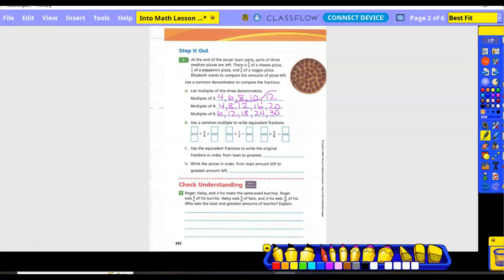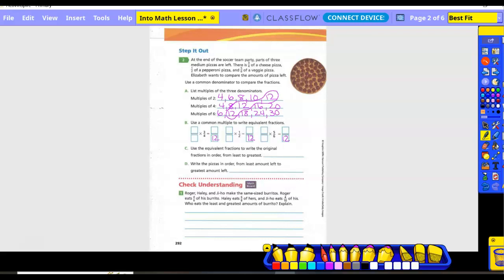Okay, so 12 is our least common multiple. So we know we need 12 in the denominator of our new fractions, correct? On the previous problem, we used benchmarks to help us figure out the smallest to the largest, right? This time we're just getting a common denominator, correct?